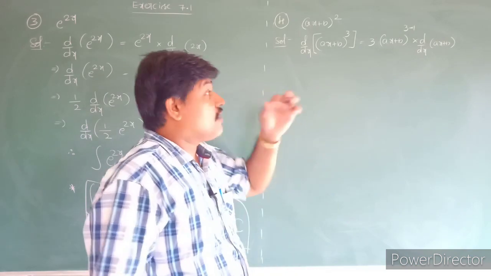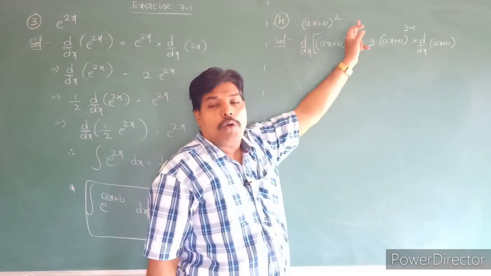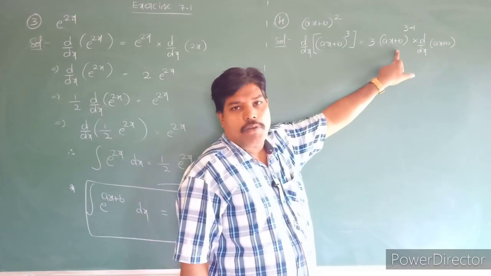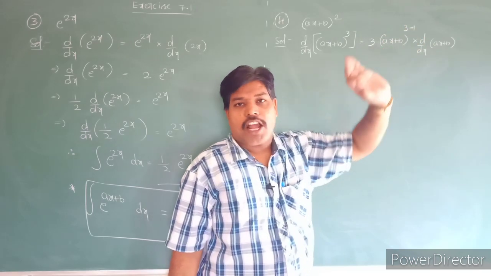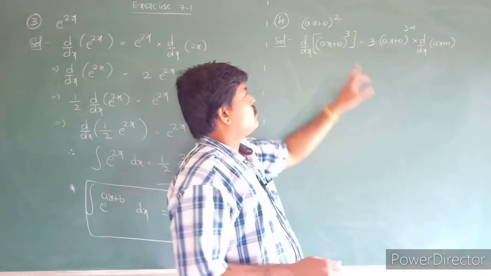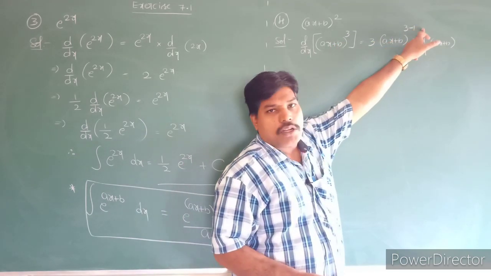See students, it is in the form of x power n. What is the derivative of x power n? N into x power n minus 1. If anyone has doubts about the formulas I am giving, write them down at one side.